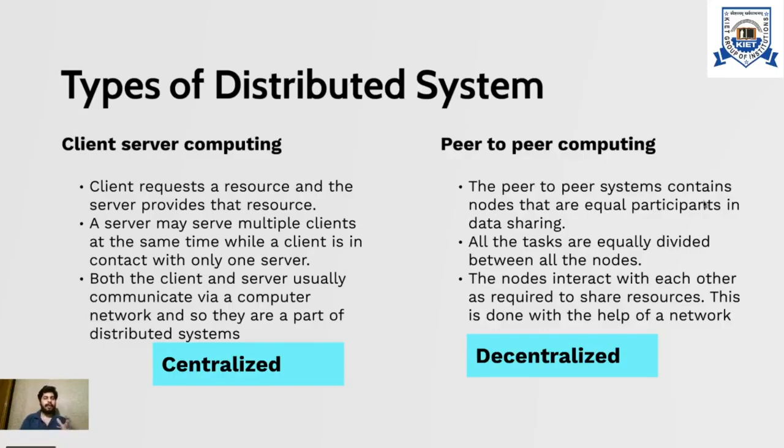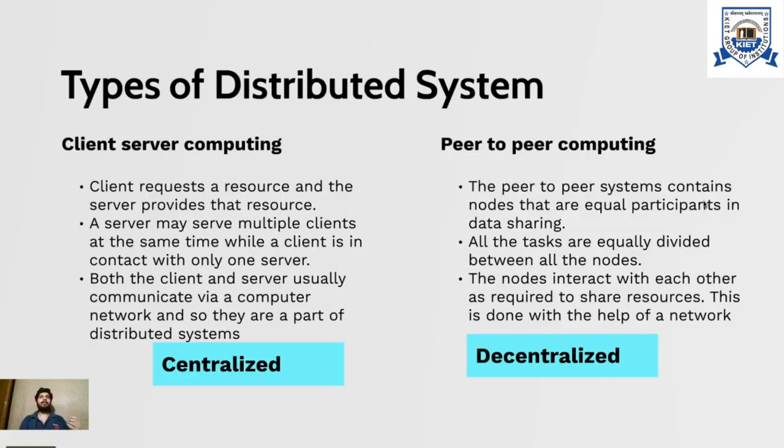And in client-server computing, a server may serve multiple clients at the same time while a client is in contact with one server. Obviously, if we take an example of Facebook, you are a client, your system or your mobile is a client, and you are contacting the Facebook server.